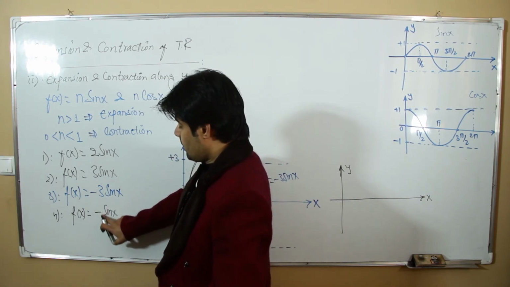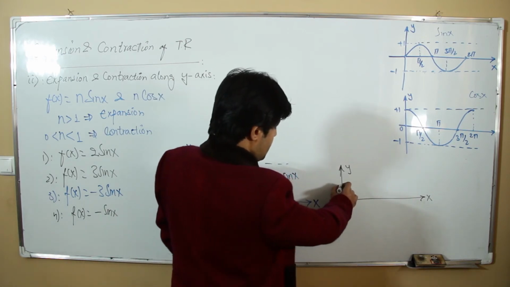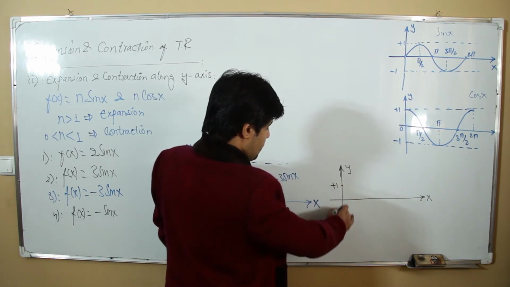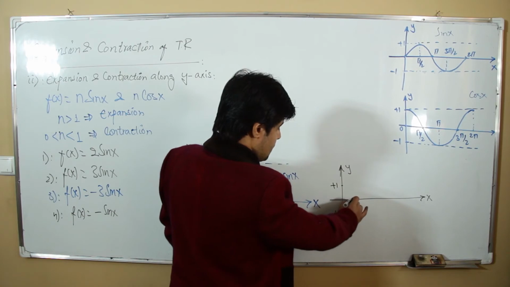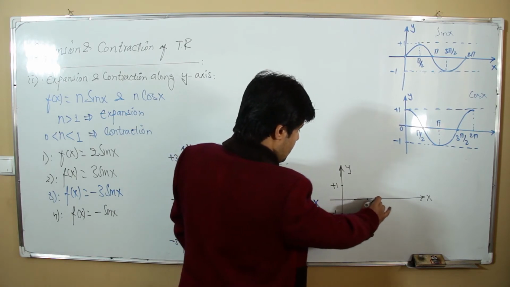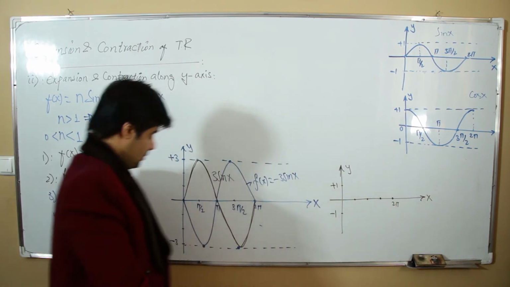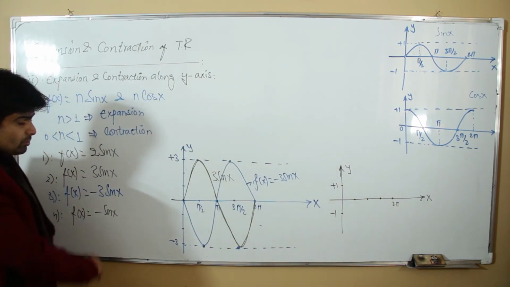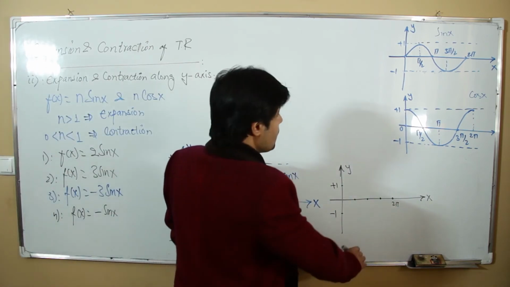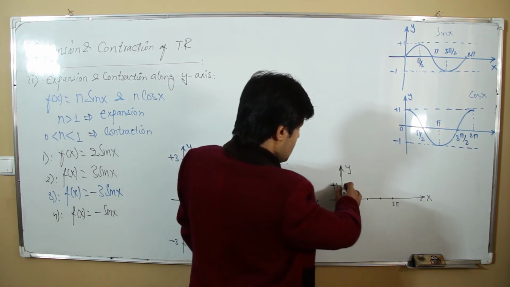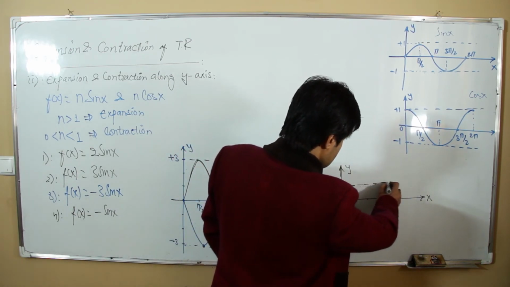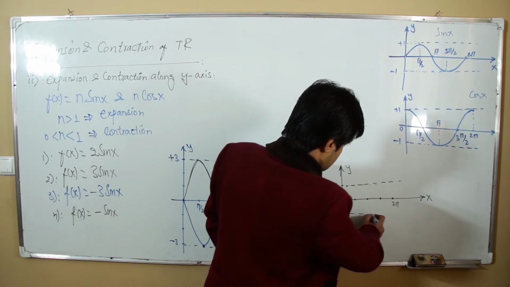This coefficient is the amplitude. It means 1. It means it has to be drawn between positive 1 and negative 1. This is pi by 2, pi, 3 pi by 2, and 2 pi. Why? Because we have sin x. We don't have sin 2x. Now, the graph is between positive 1 and negative 1.